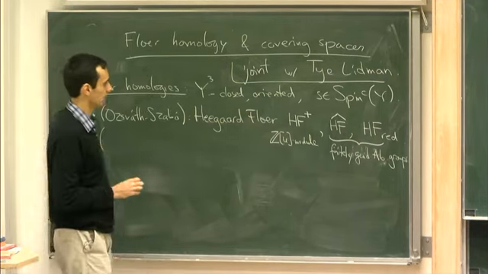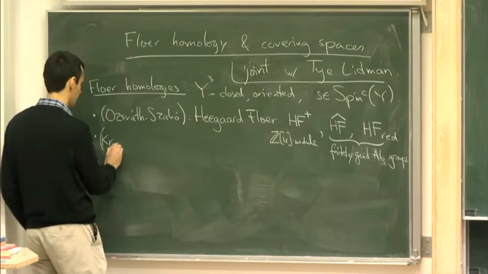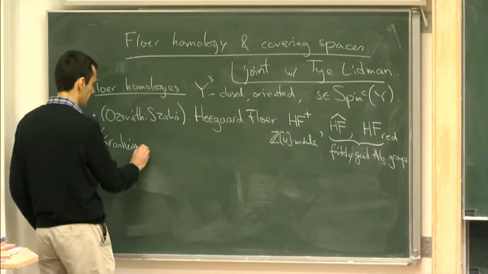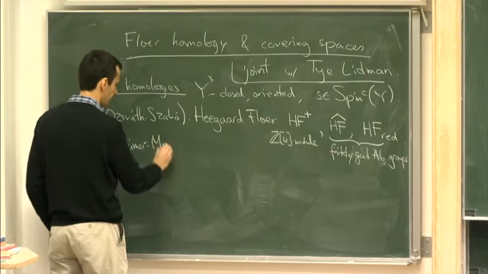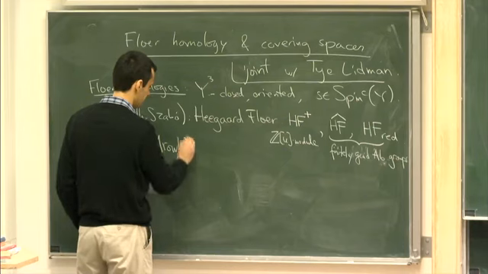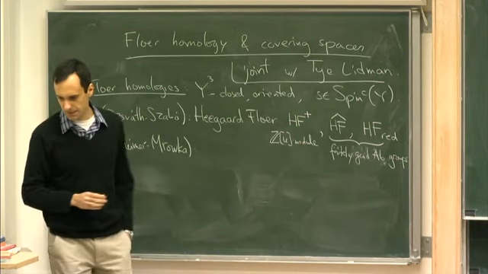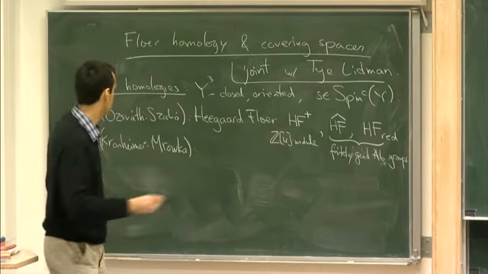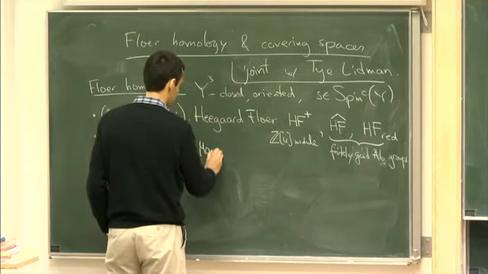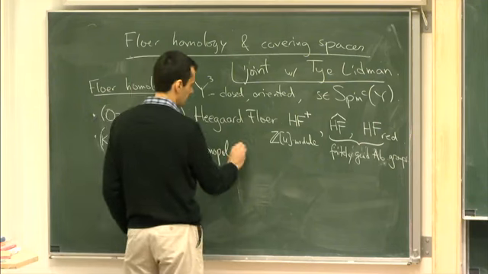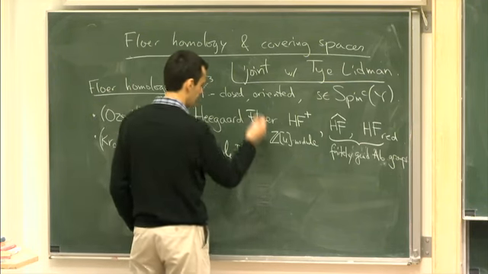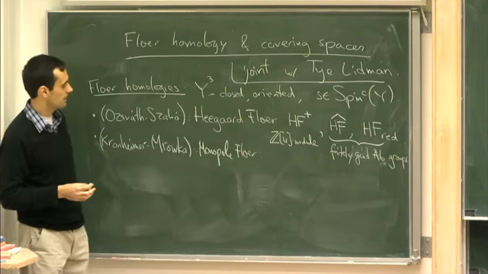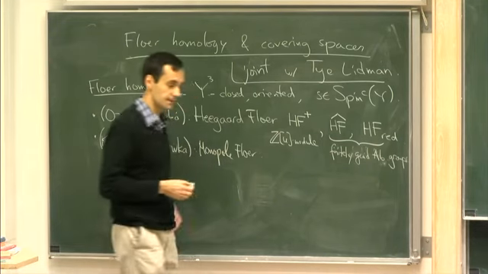Great. So now there is a parallel theory, monopole Floer homology, and there are different versions of it. Kronheimer and Mrowka, in their book, develop the most general version for all three-manifolds, and it parallels Heegaard Floer homology.